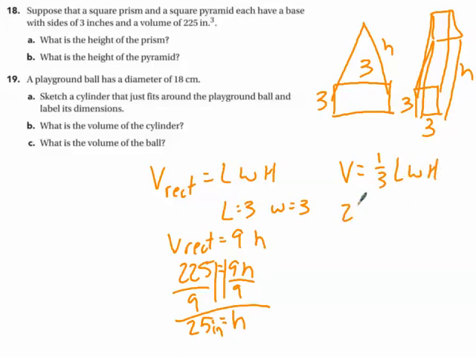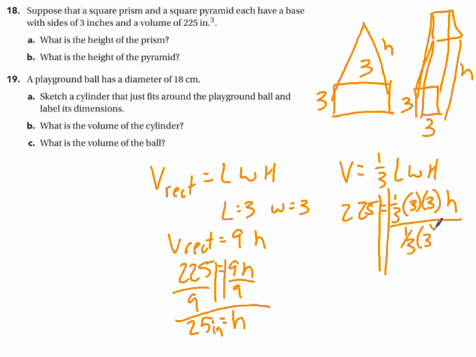So I know that 225 is equal to 1/3 times 3 times 3 times h. So if I divide by 1/3 times 3 times 3, then I get h equals 25 inches.